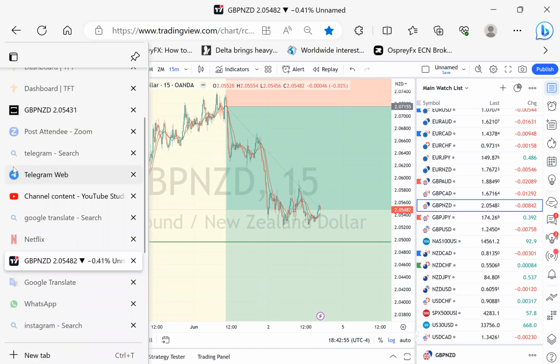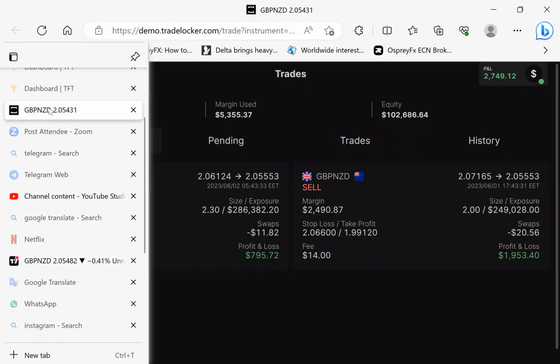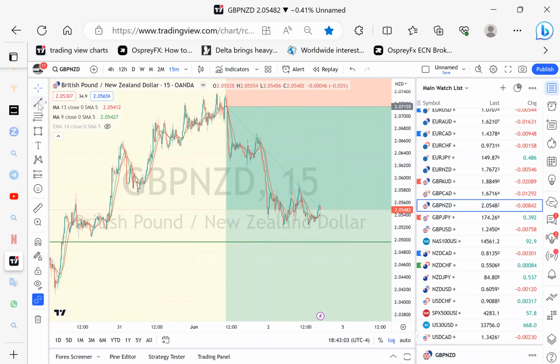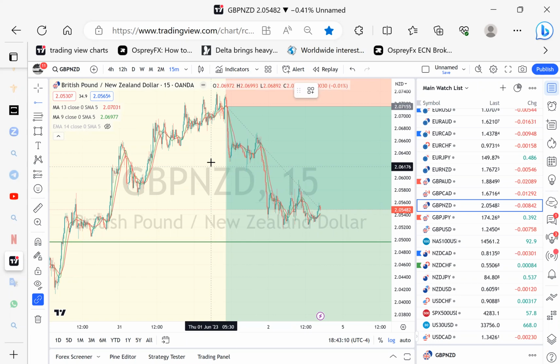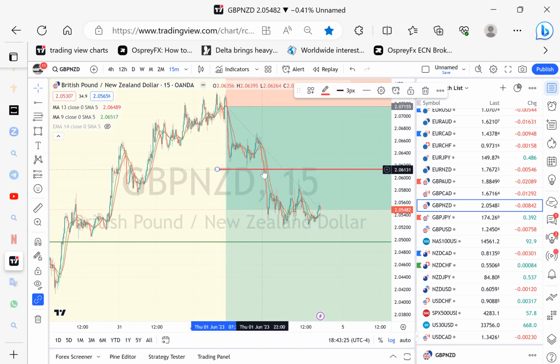Again, it was in 206.12. All right, right around this area, okay? 22.15-ish is when I got into this trade with my second entry, and then you see the market continues to collapse.